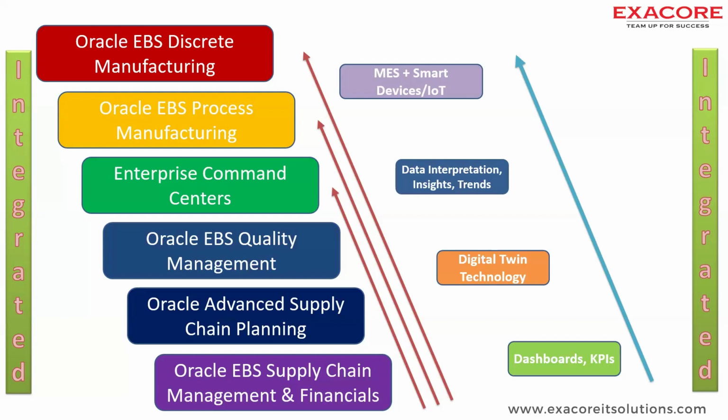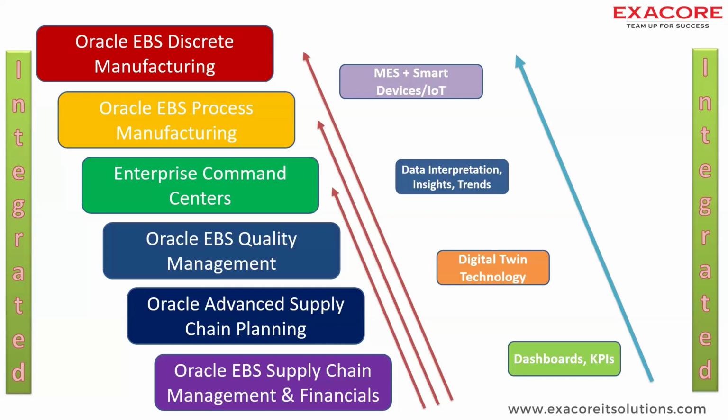These are supported by other modules like quality management, advanced supply chain planning, supply chain management, and financial modules. These modules work in conjunction with each other to provide key integrated insights into the digital twin of an organization's manufacturing journey.